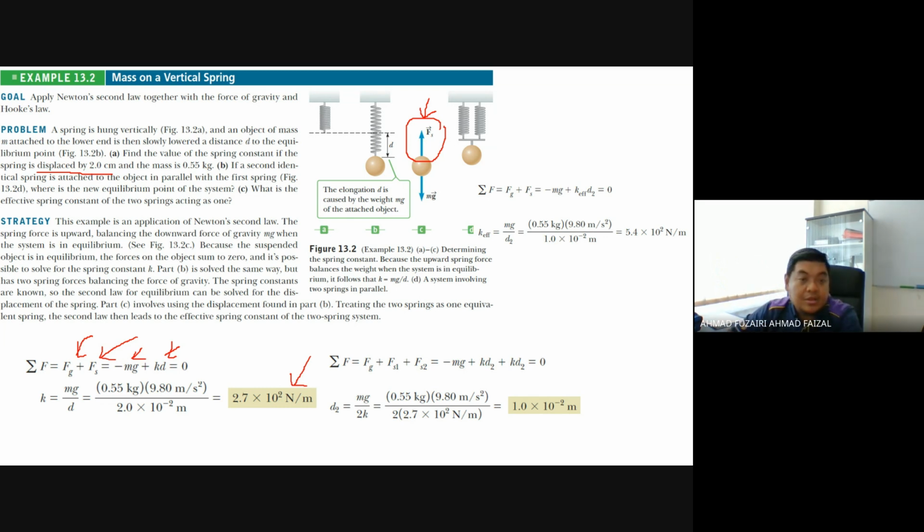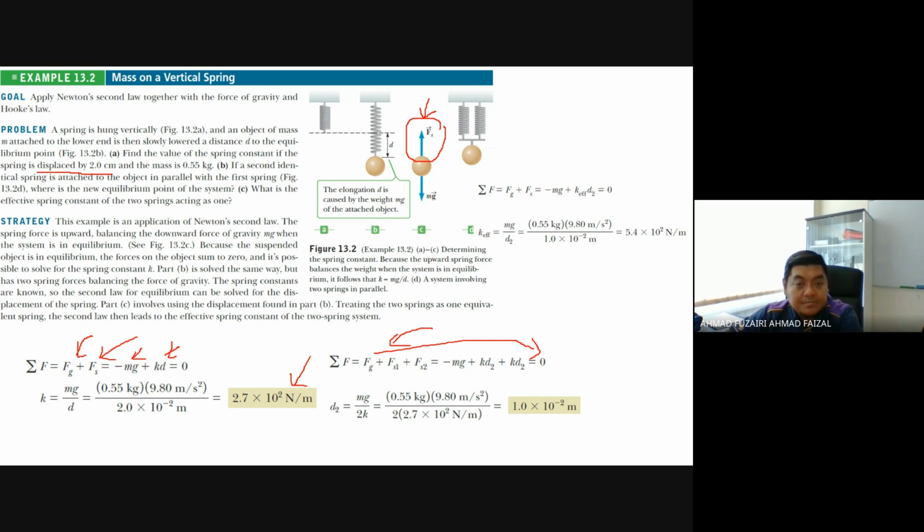Now you look back at the situation, where you may find that in the equilibrium position, delta F will be equal to 0, or the summation of F equals 0.